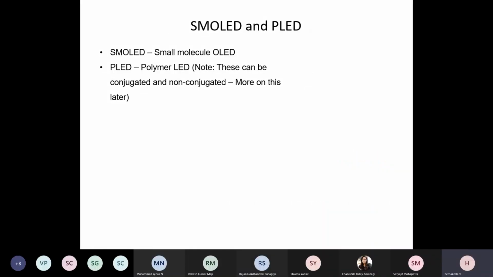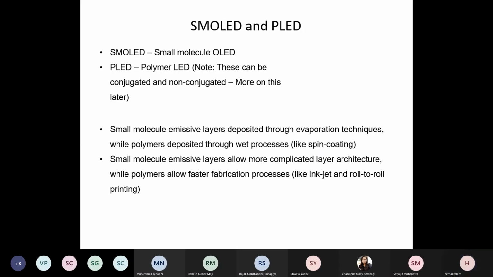The organic LED field has two types that are studied: small molecule based and polymer based. And polymer based ones can be conjugated and non-conjugated type. Why that is so, we'll look at examples a little bit later. Small molecules are easier to deposit through evaporation techniques, like vapor deposition techniques.